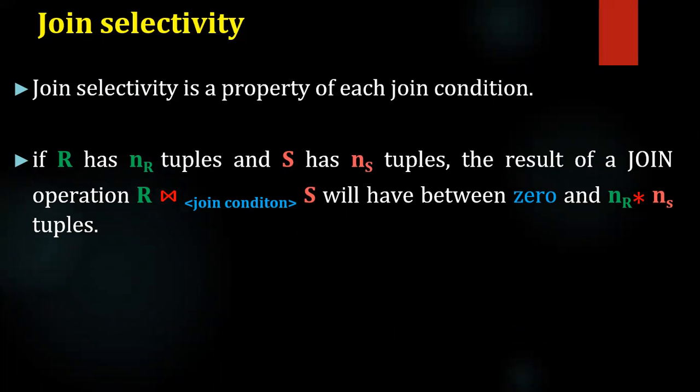If relation R has nr tuples and relation S has ns tuples, then the result of the join operation may contain either 0 tuples or up to nr into ns tuples.